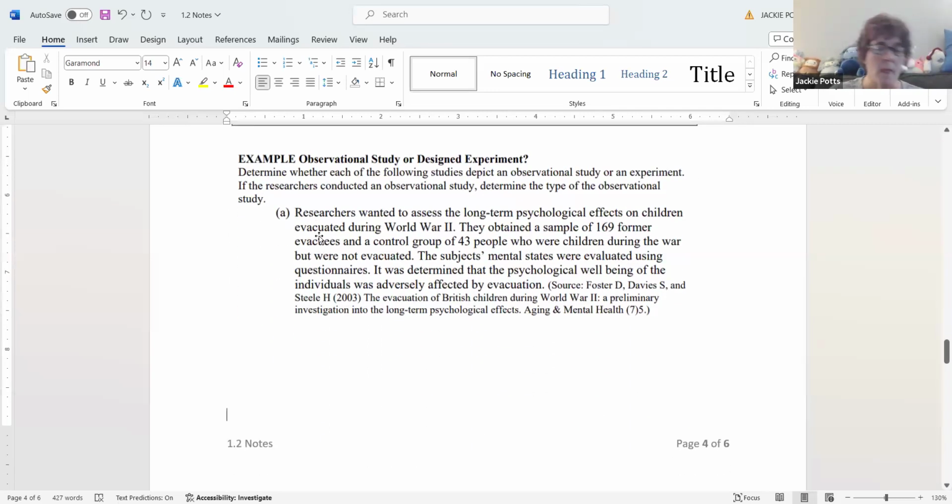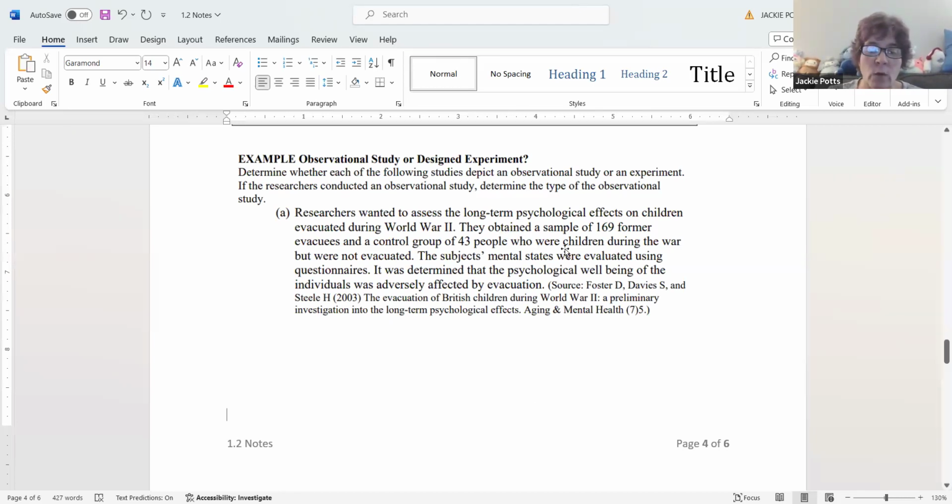All right. Pause it, read through this because we're going to answer some questions. If you've read it, we first have to determine if it's observational or experimental. So we had researchers wanting to assess the long-term psychological effect of children evacuated during World War II. They obtained a sample of 169 former evacuees and a control group of 43 people who were children during the war, but were not evacuated.